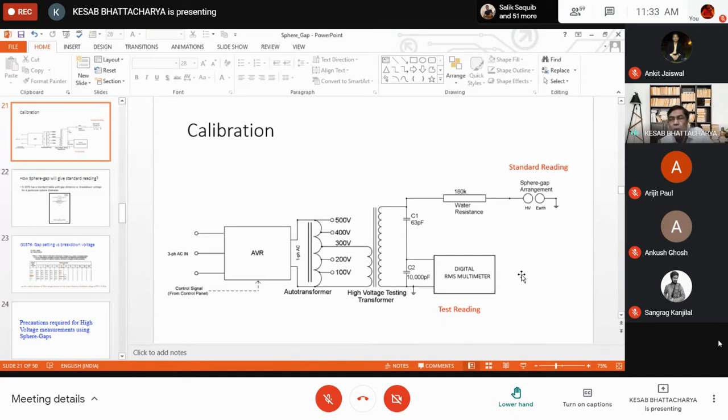So we have to either convert the values mentioned in the IS specification into RMS and refer them to the current atmospheric condition. Alternatively, we can convert the value measured by the RMS multimeter to peak value and refer it to STP. Either of the ways can be done.